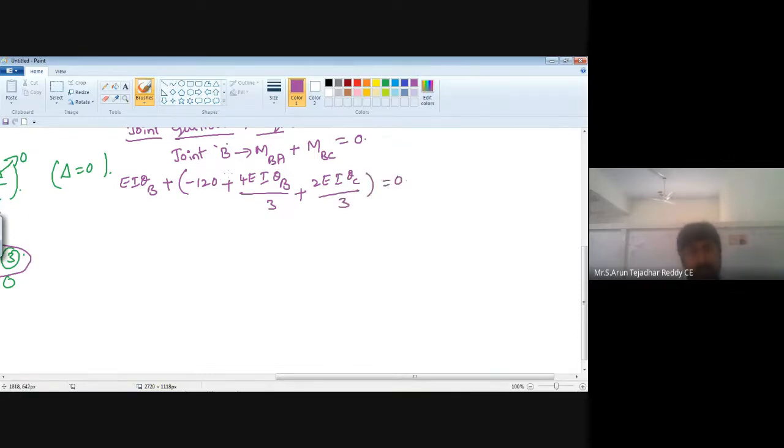This is our joint B equation. Already 6 are completed, so this is the 7th equation.